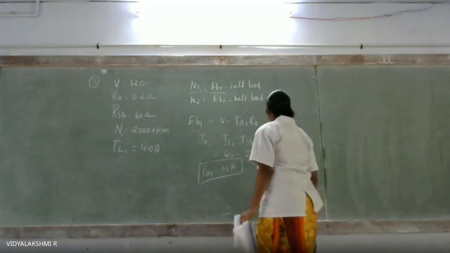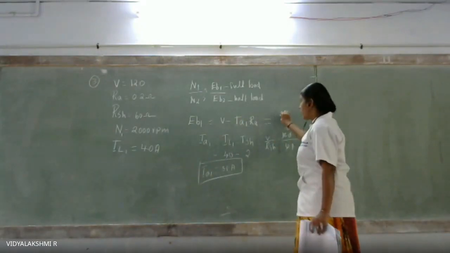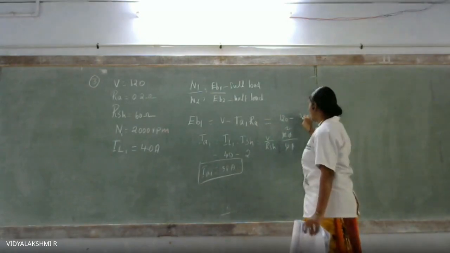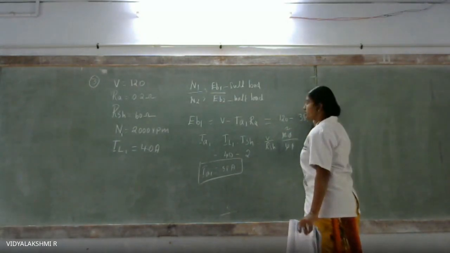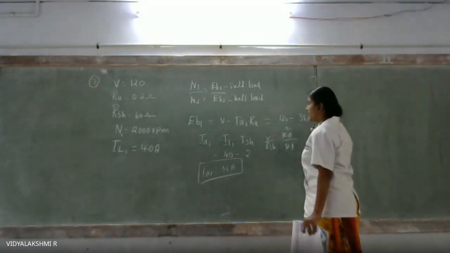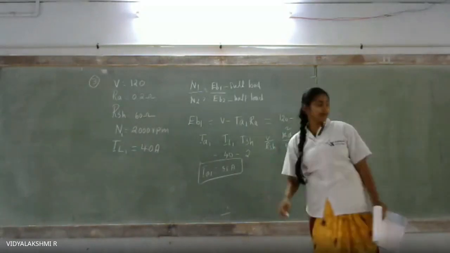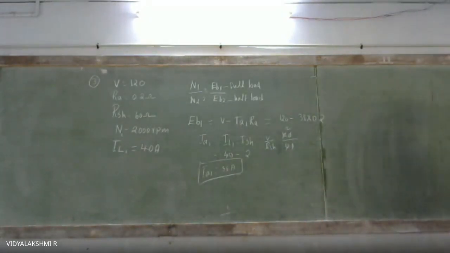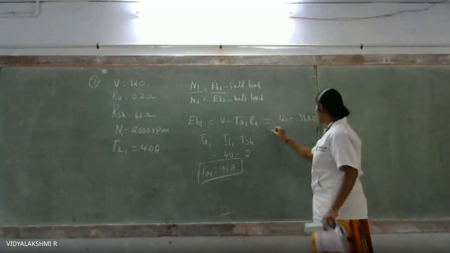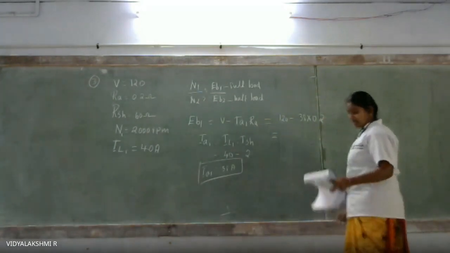Now I'm going to substitute the values. EB1 is equal to 120 minus IA1, which is 38, into RA, which is 0.2. If you solve this, you can get the EB1 value. What is EB1? 120 minus 38 into 0.2.